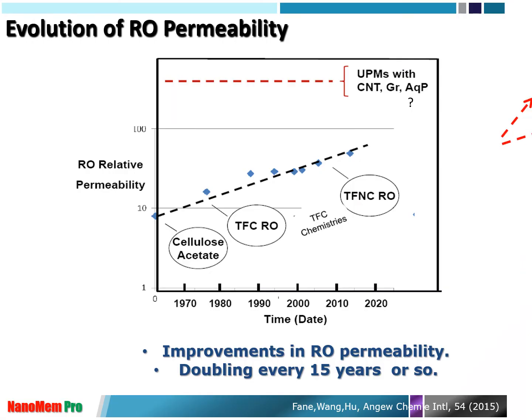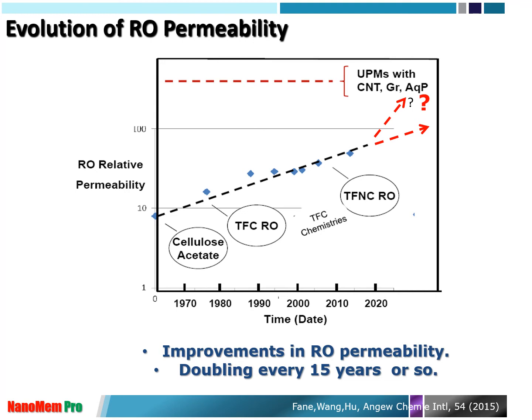So let's look at the evolution of RO permeability. Initially the RO membrane was made from cellulose acetate.